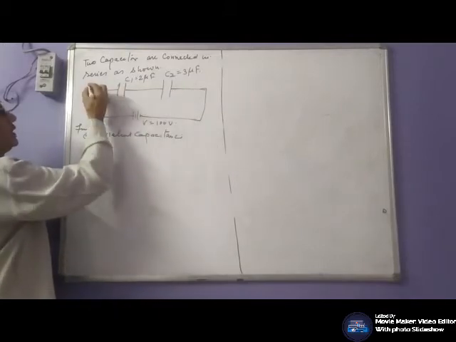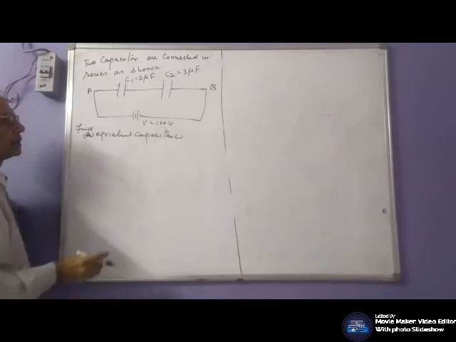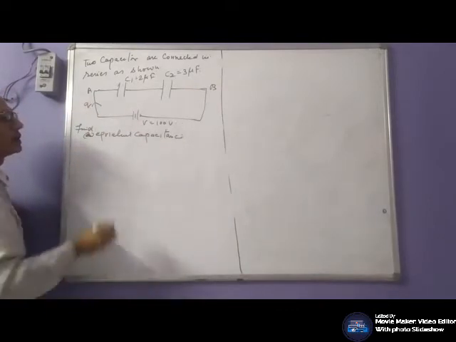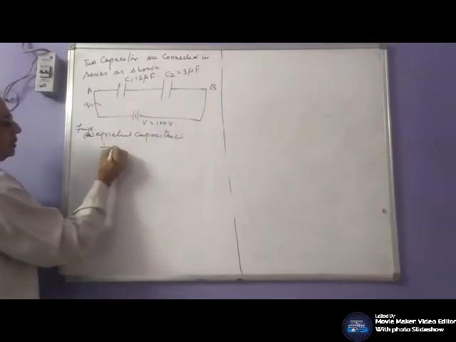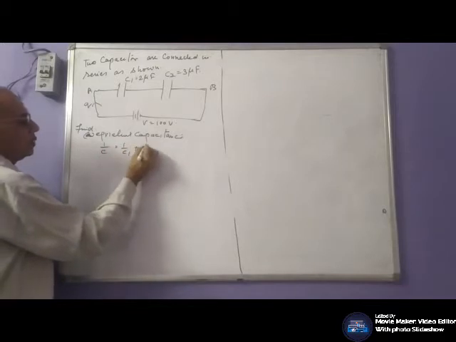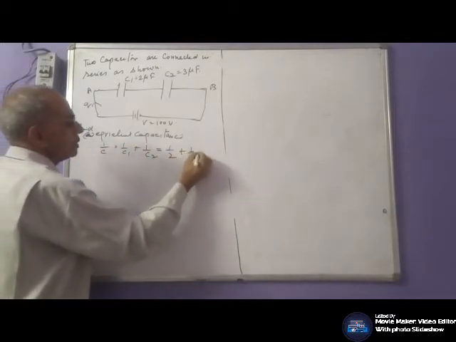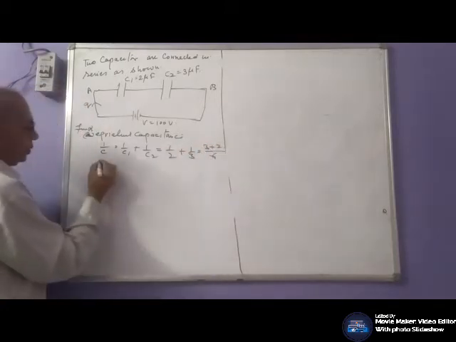Both are in series. Why are they in series? Single path for charge to flow. So 1 by C equals 1 by C1 plus 1 by C2, it is 1 by 2 plus 1 by 3, it is 3 plus 2 over 6.